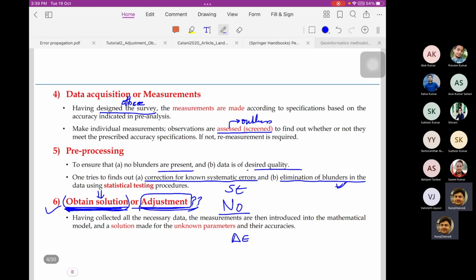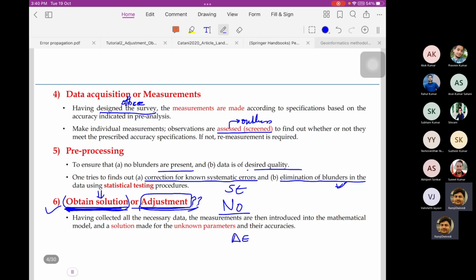Anyone else? Alok? Sir, in adjustment, if we alter some parameters in our solution, then we can achieve a value. Okay, let it be. I'll explain it.